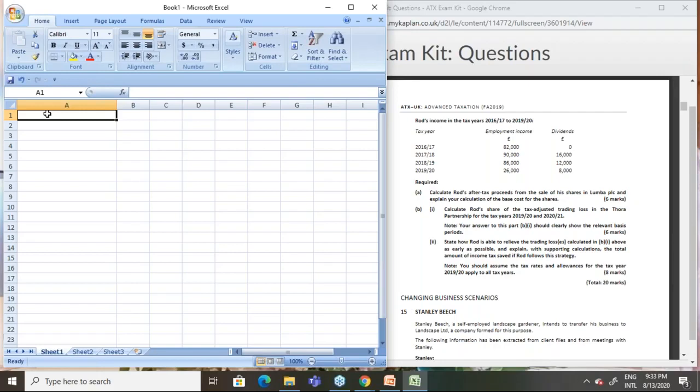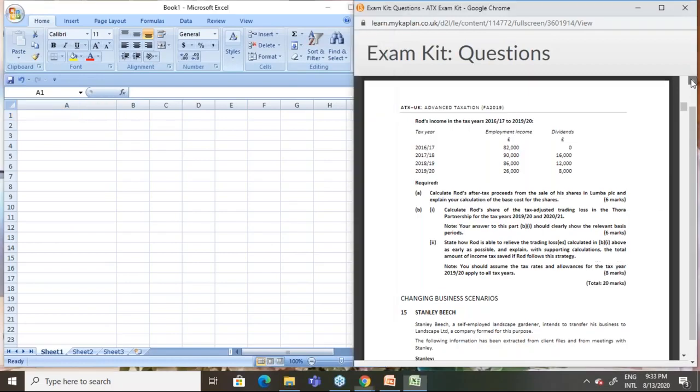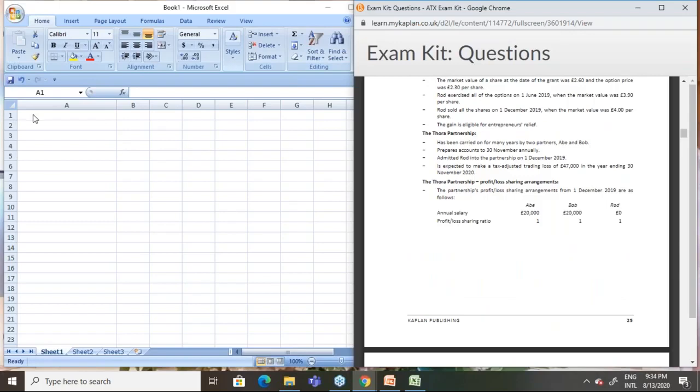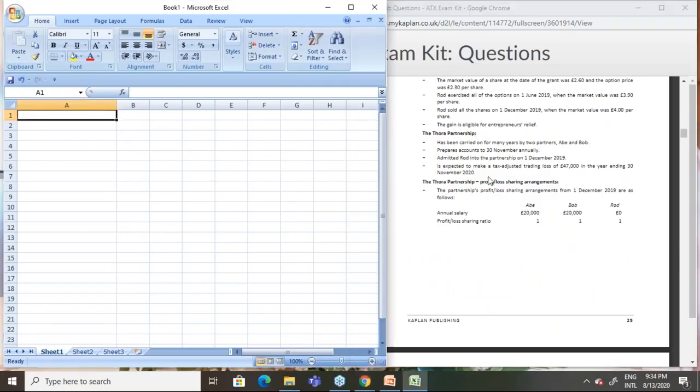First, you need to calculate the distribution of trading loss. So here, total, and we have Abe, Bob, and Rod.